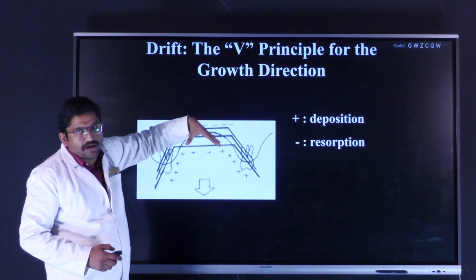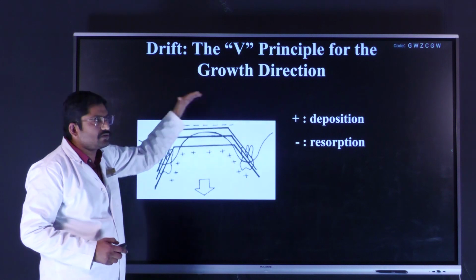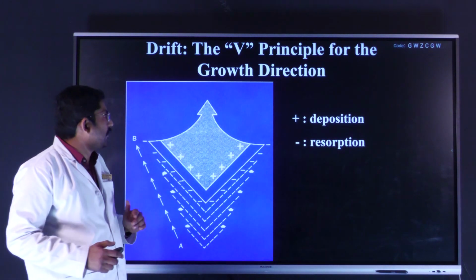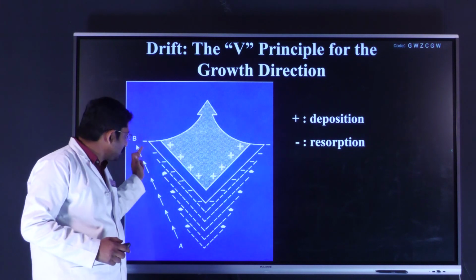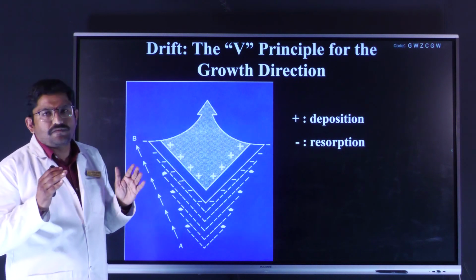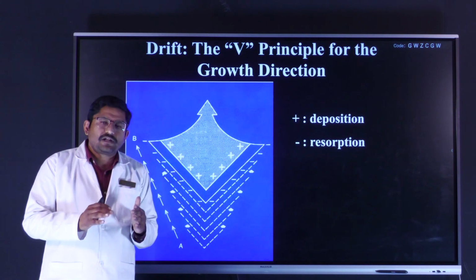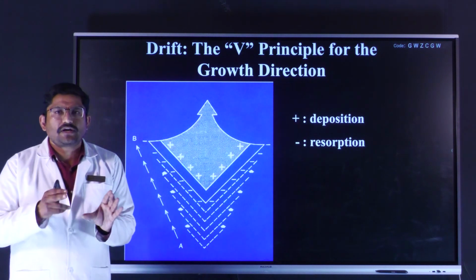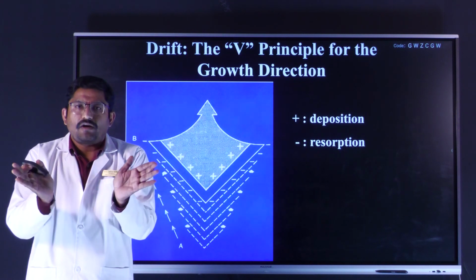This is the opening of the V in the maxilla. There is deposition on the inner surface, resorption on the outer surface. So growth direction is towards the opening of the V. The plus marks deposition on the inner surface, resorption on the outer surface of the V. Most of the craniofacial structures, the mandible, the maxilla, the zygoma, and the other skeletal structures all follow this principle of Enlow's expanding V principle, that is deposition on the inner aspect, resorption on the outer aspect, making it wider and wider as we grow.